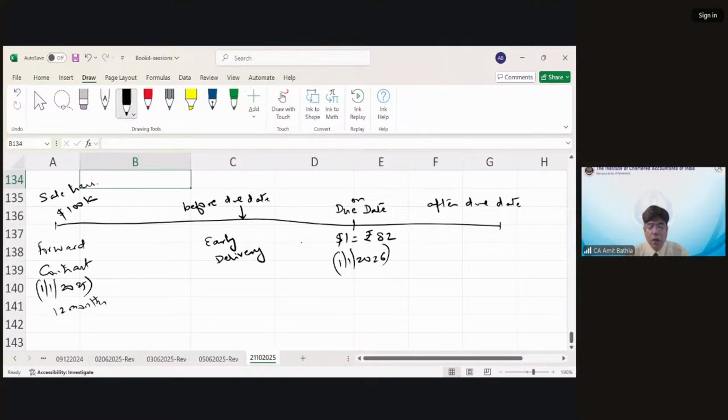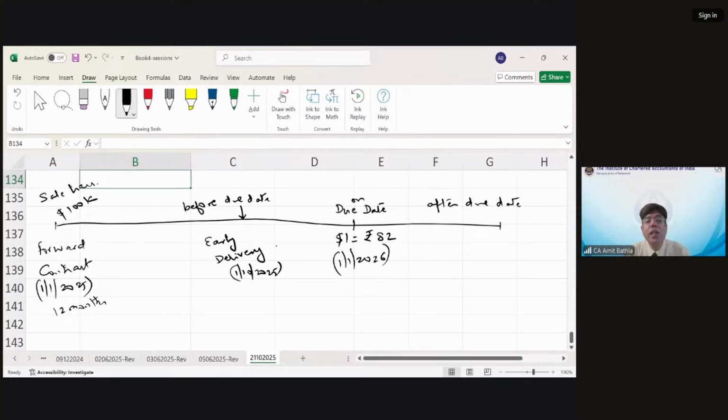Now, early delivery also means there is a possibility that this contract is essentially getting terminated, right? I'm not able to fulfill this contract. Why do I say I'm not able to fulfill this contract? Because now, say for example, I have given this particular money back on 1st October 2025.